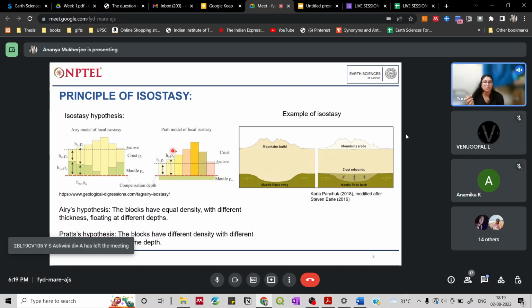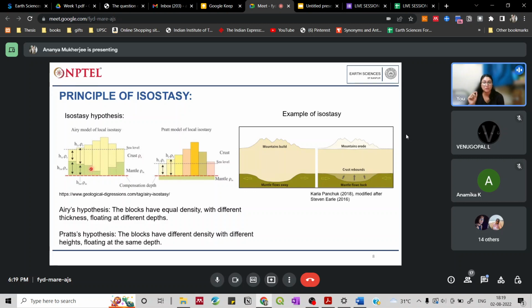Now there are two kinds of hypotheses: there is the Airy model and there is the Pratt model. Now the Airy model says that the crustal blocks float at different depths. These depths are called compensation depths.